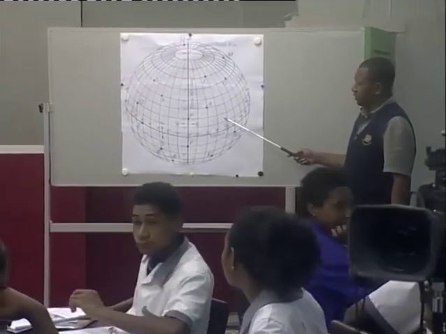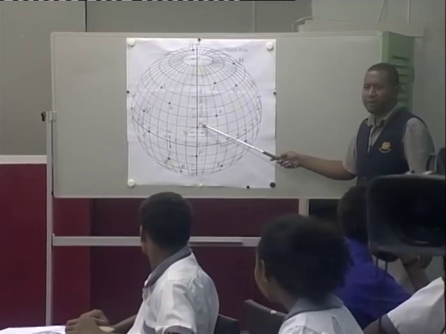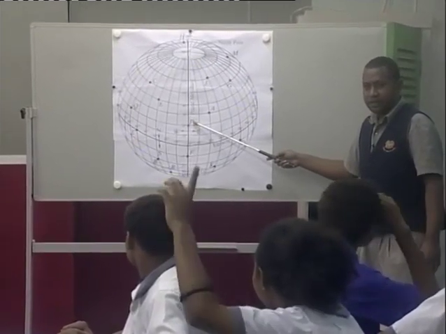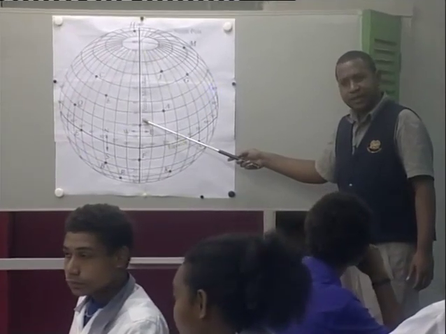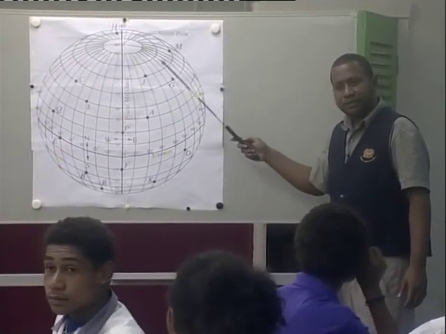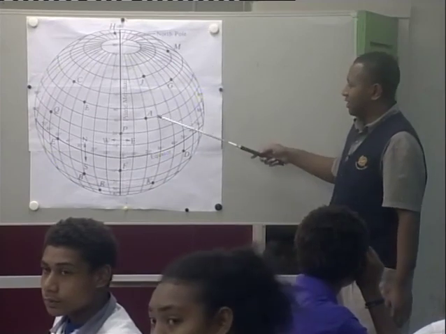If I'm saying 20 degrees north, then it will be letter P. 30 degrees north. Okay, 30 degrees north.